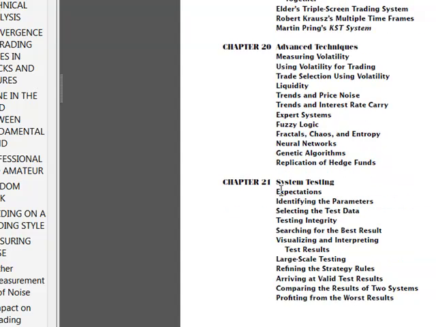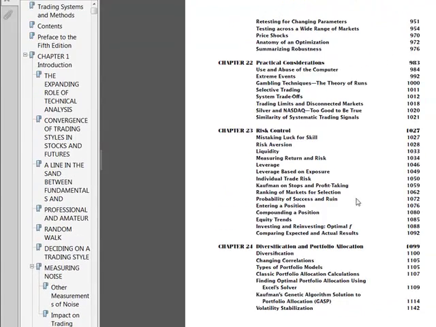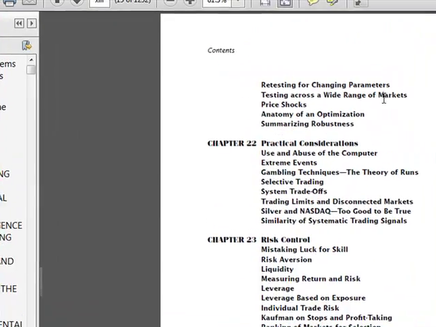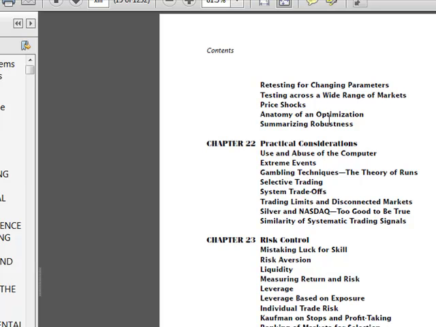Okay, so then we talk about system testing, importance of it, test data, searching for the best results, large-scale testing, comparing the results of two systems, profiting from the worst results, price shocks, wide range, changing parameters, robustness. And this is another good popular topic from talking to people throughout my membership.